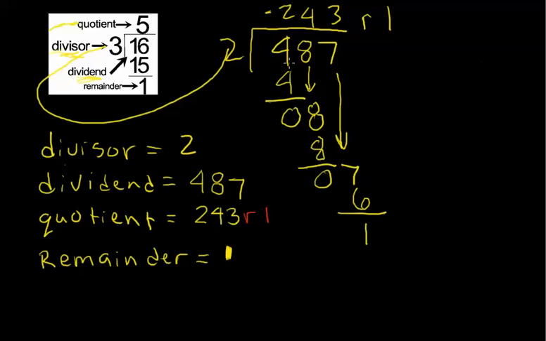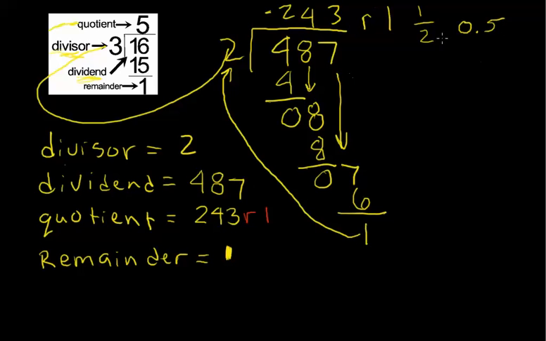We're going to have something less than 1. So what are we saying? We're saying that this is only 1 out of 2. So we could really say that instead of a remainder of 1, it's 1 over 2. Or from a decimal standpoint, we could say it's 0.5, right? I think we all know that.